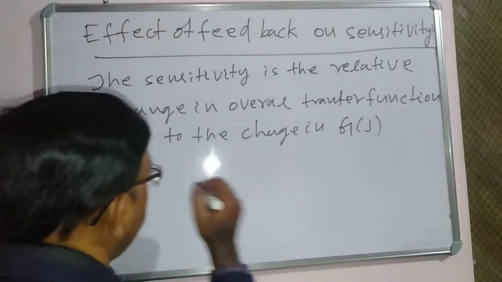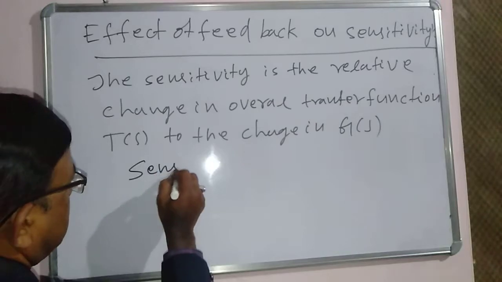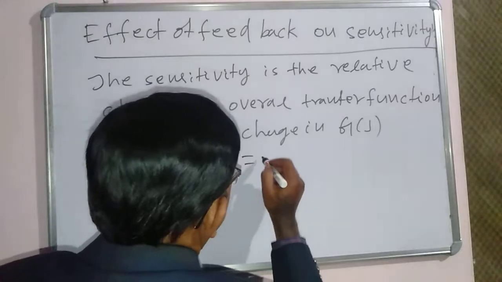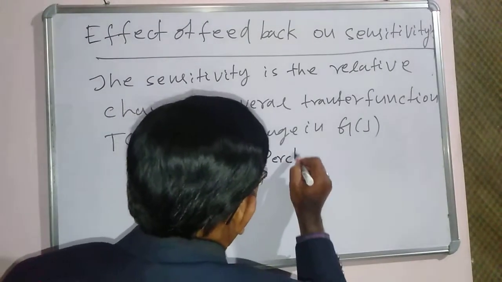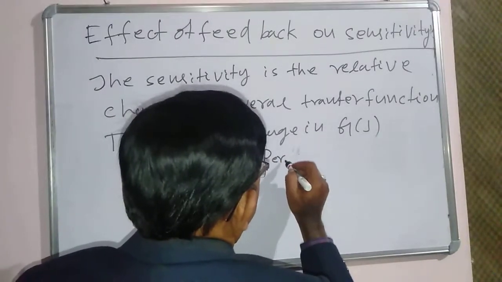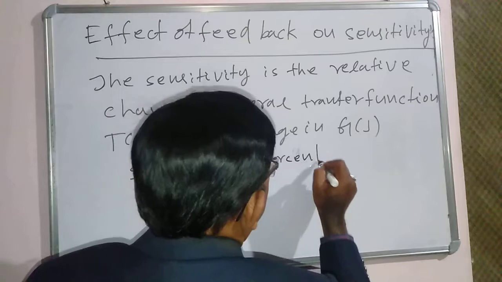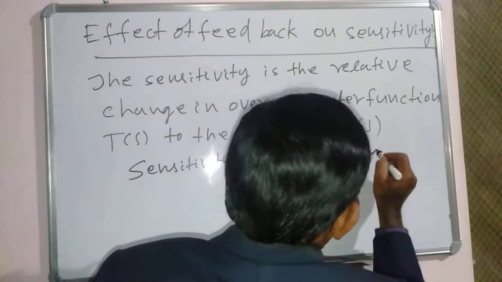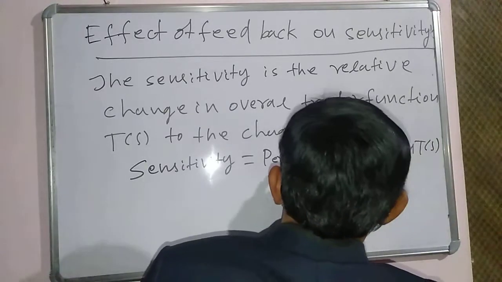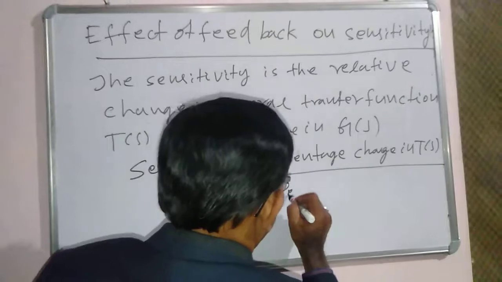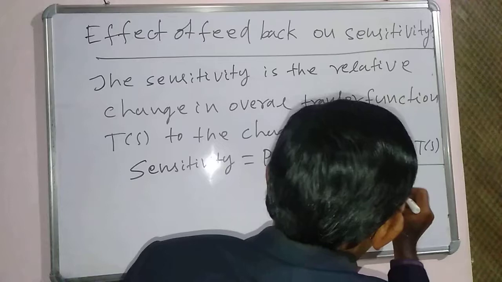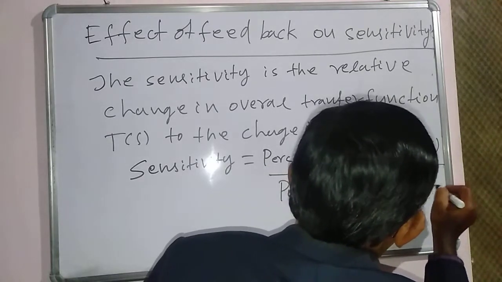So sensitivity is equal to the percentage change in T(s) divided by the percentage change in G(s).